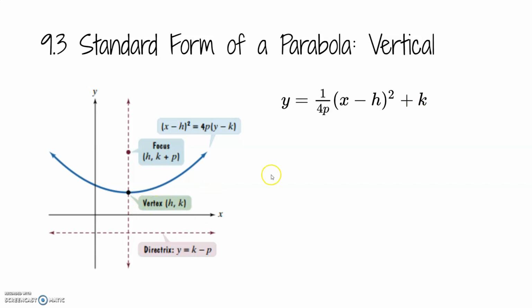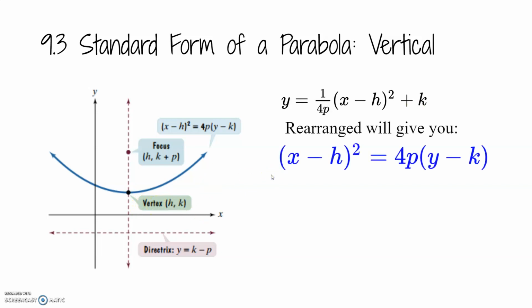Well, no surprise, (h, k) is your vertex. Now, your textbook is going to focus on this form. I tend to prefer the second equation here because it kind of isolates and keeps the y minus k off to the side, and we've been working with y minus k all this long. Pick one, work with it. I don't have a preference which one you use.